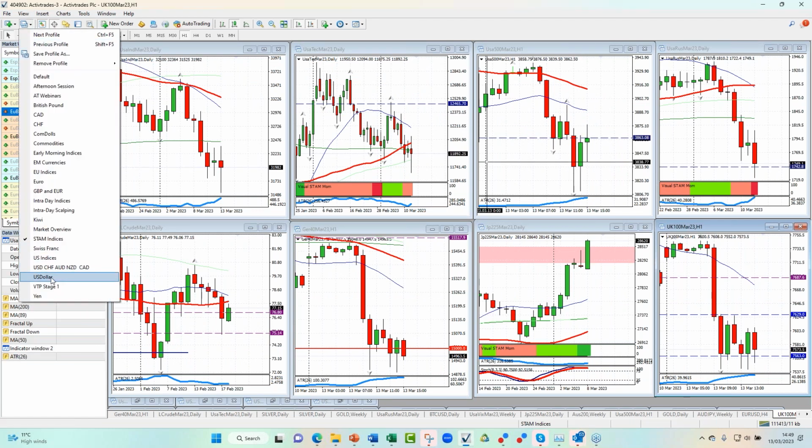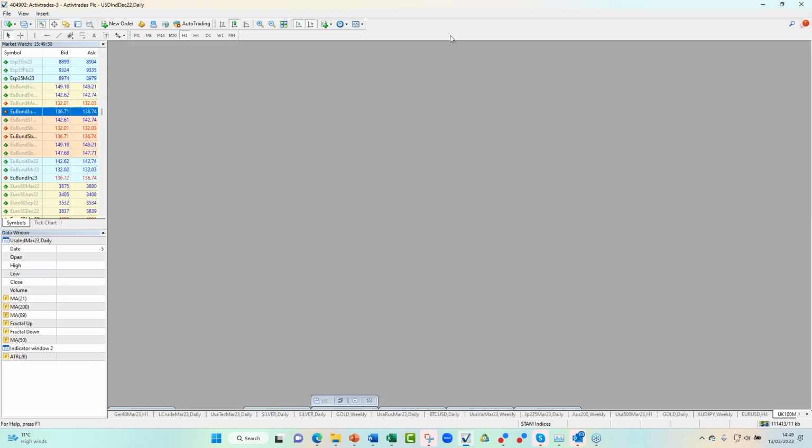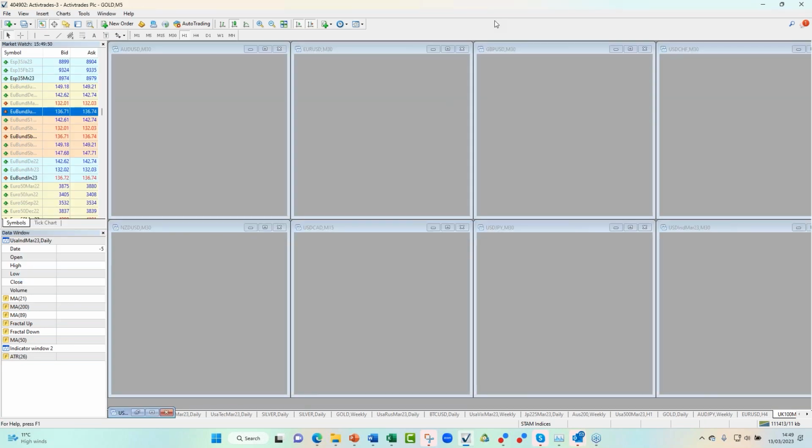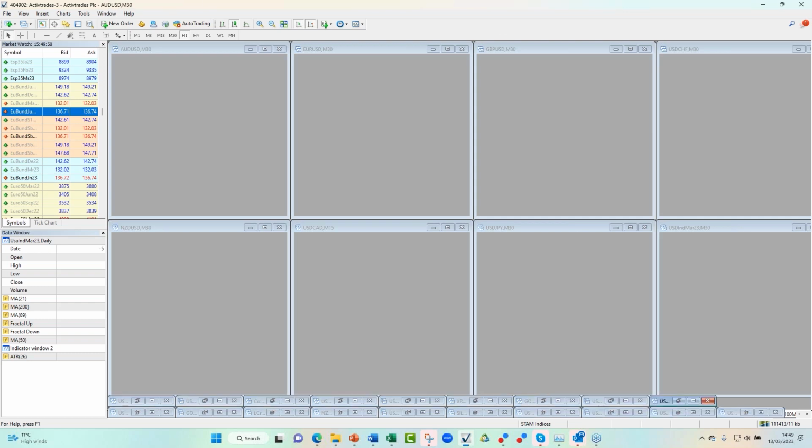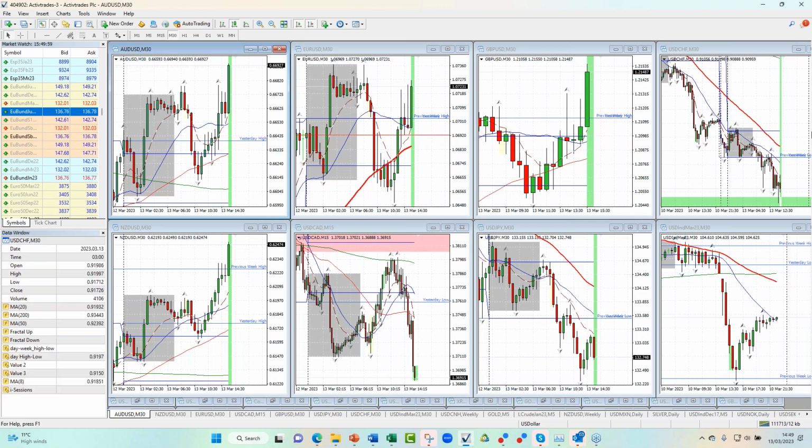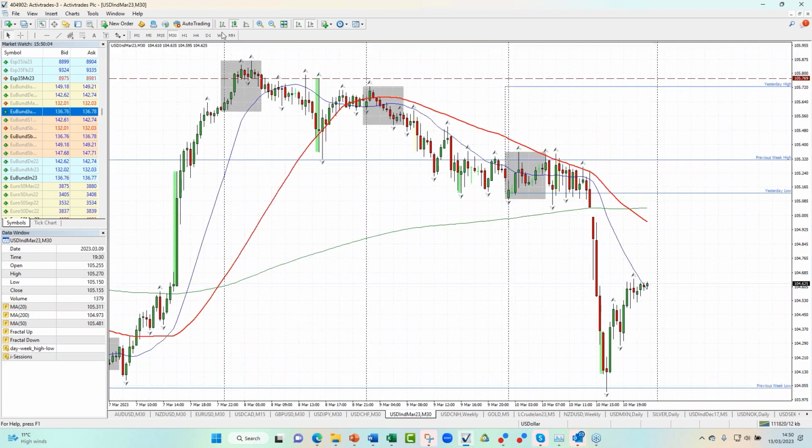Before we look at the intraday US indices, let's have a look at what impact all that had on the US dollar as well. Let's have a little look at the chart for the US dollar index.